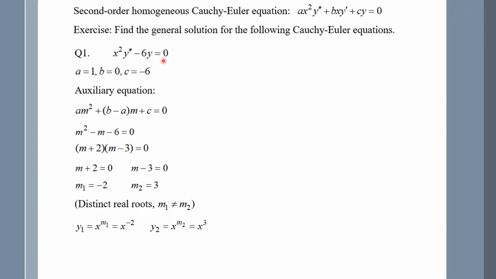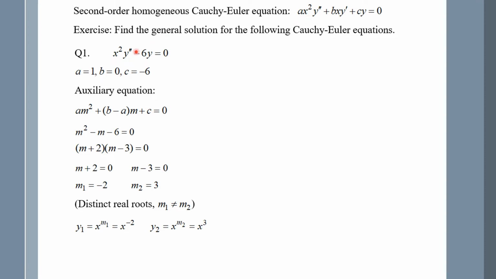To solve this equation, we have to start by forming the auxiliary equation. The auxiliary equation in general is expressed in the form of am squared plus (b minus a) times m plus c equals 0. We need to know the values of a, b, and c in order to get the correct form of the auxiliary equation. So to get the values for a, b, c, we can just refer to the equation given here. a refers to the constant term for the coefficient of y double prime.